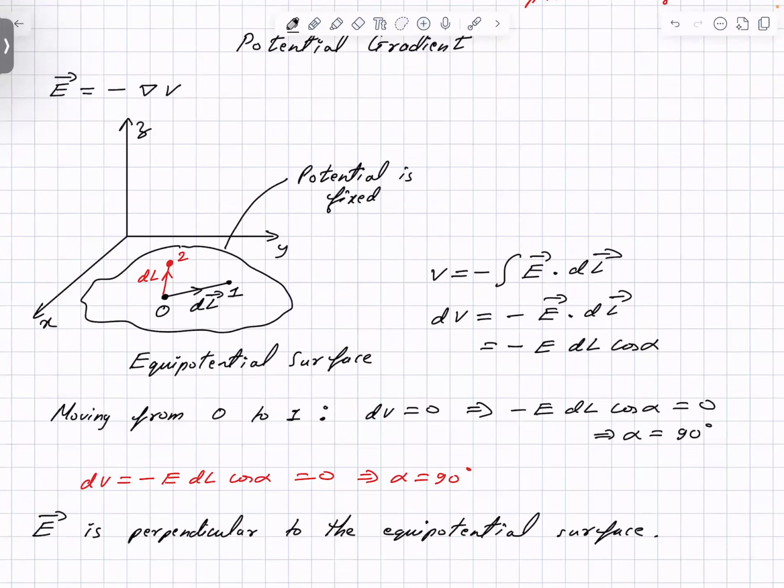And this is always true. We're talking about electric field intensity and potential fields, but if we consider any scalar field and we find its gradient, the gradient is going to be a vector and its direction is always going to be normal to the surface where the scalar field is constant.